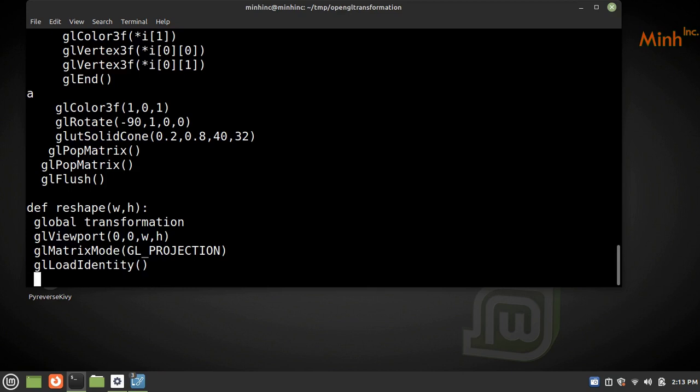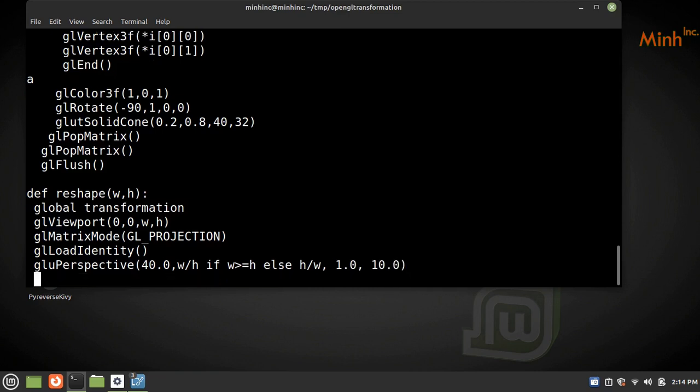Now we'll have gluPerspective 40.0, width by height. This is what we are considering. Okay, or we can say width by height if width is greater than or equal to height, else height by width, 1.0 and 10.0. This is the limitation.